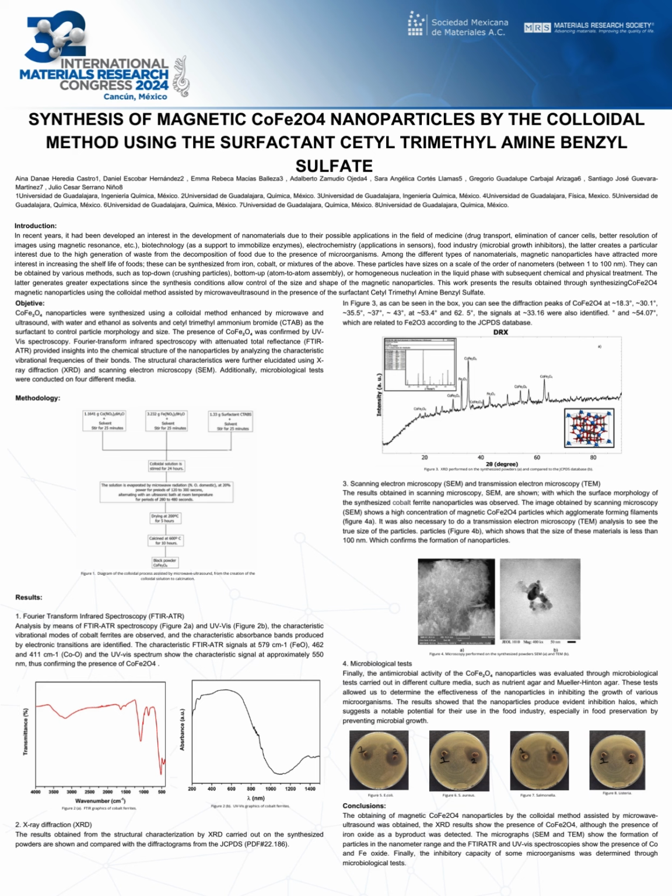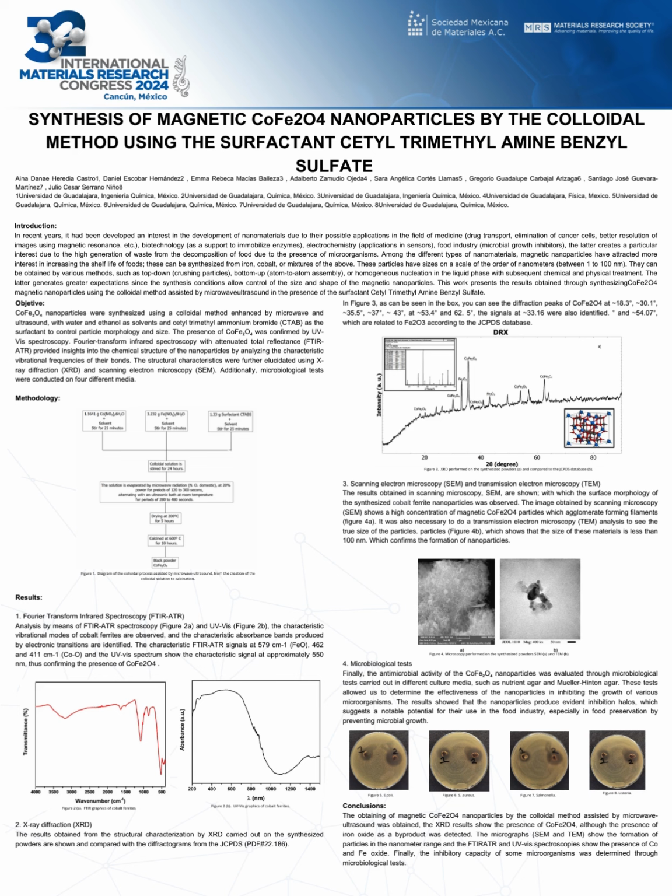The mixture was subjected to ultrasound to ensure homogeneous dispersion, and then heated by microwave to promote nanoparticle formation. After heating, the solution was dried at 200 degrees Celsius and then calcined at 600 degrees Celsius, resulting in a black powder of cobalt ferrite.